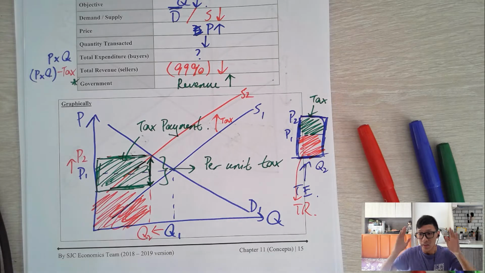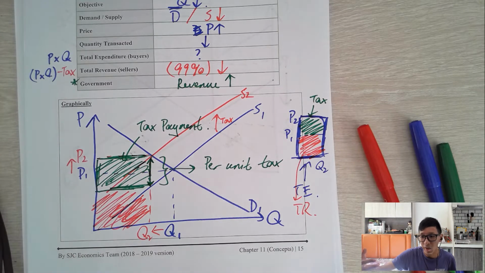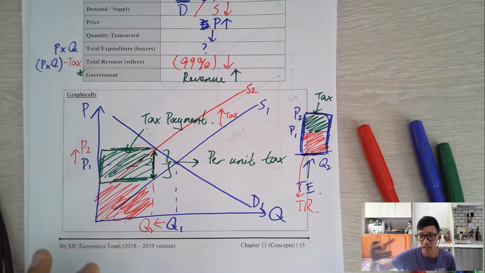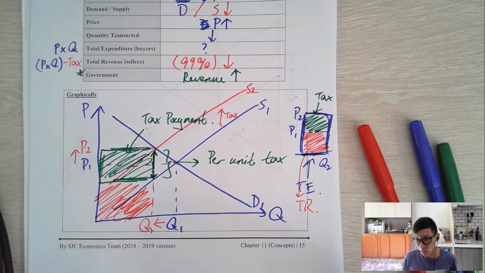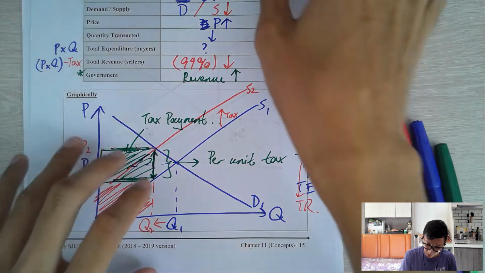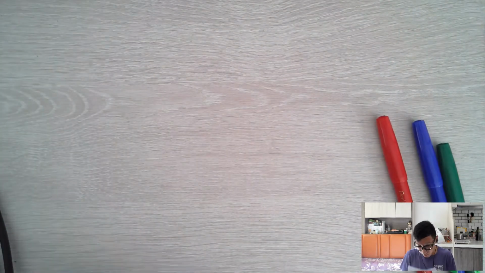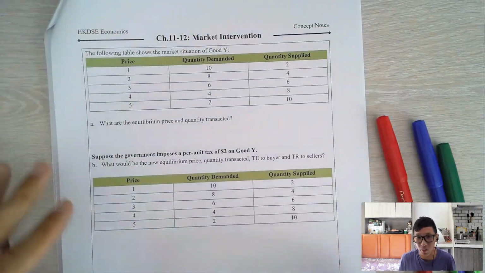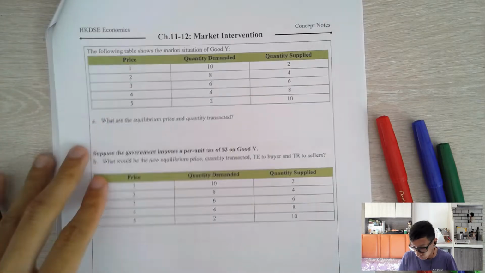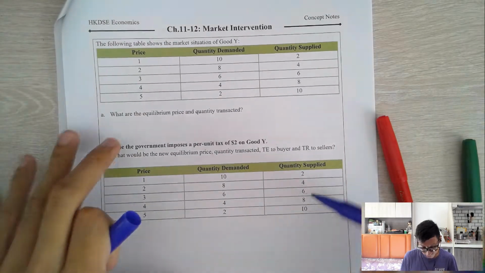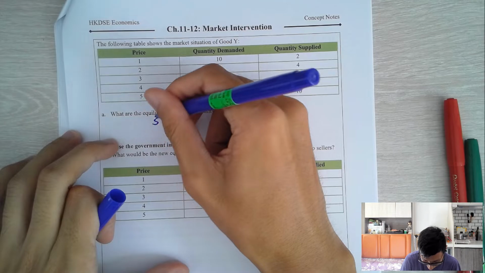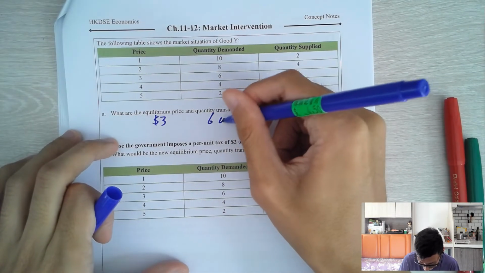Now this part is getting a little bit difficult, so if you have any question, pause the video, replay the video until you fully understand before moving on to the table. Do it yourself. Now assuming you understand what's going on, let's see how we deal with the table form. We won't go over this again, we've said it 100,000 times. Right? $3, 6 units.